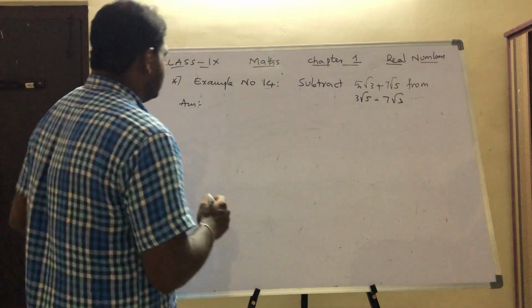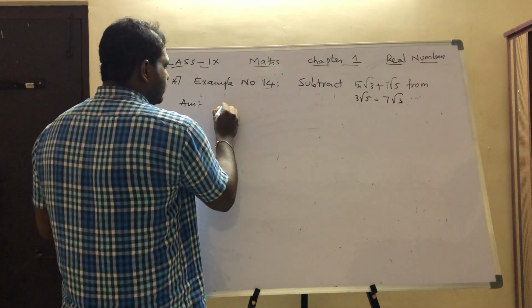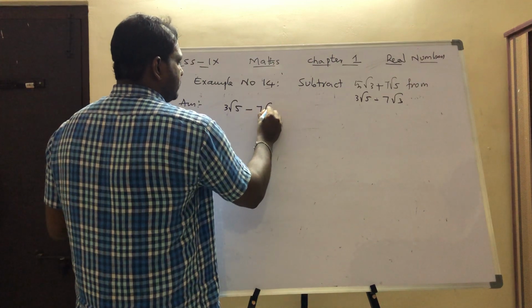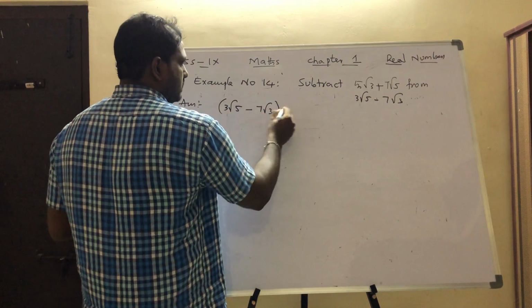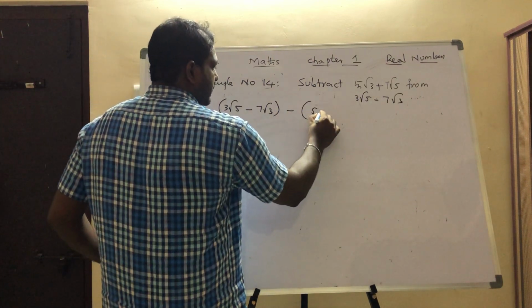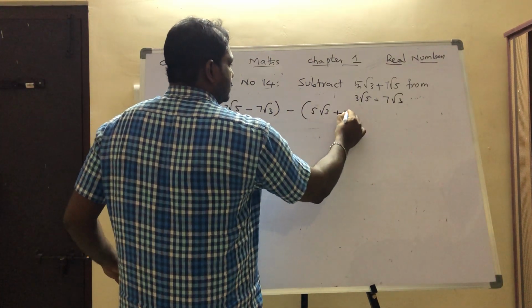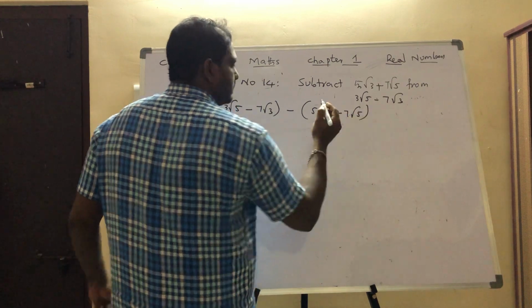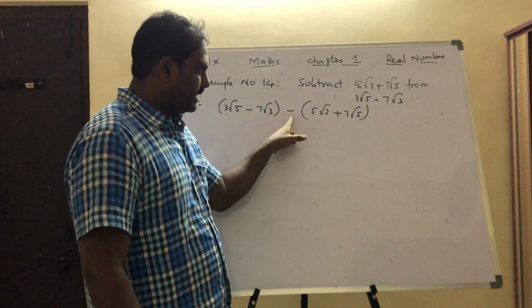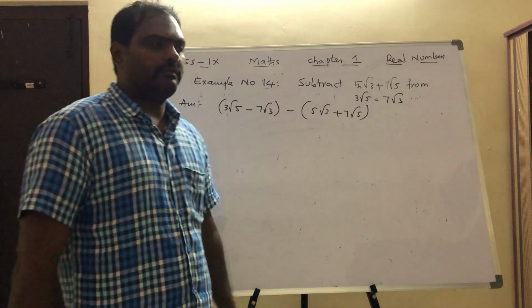Here also we first write 3 root 5 minus 7 root 3, then minus, because of subtract, the bracket 5 root 3 plus 7 root 5. So: 3 root 5 minus 7 root 3 minus (5 root 3 plus 7 root 5).